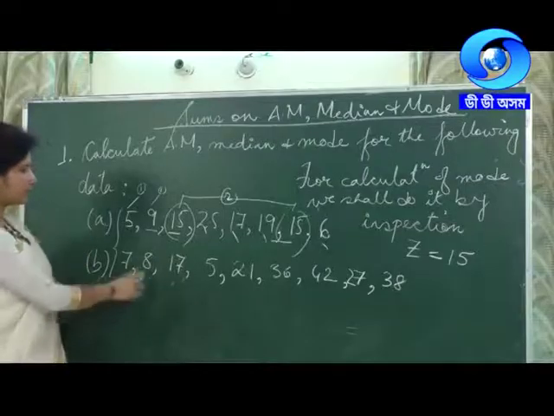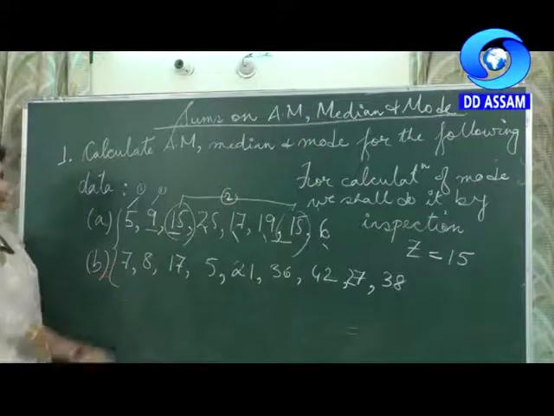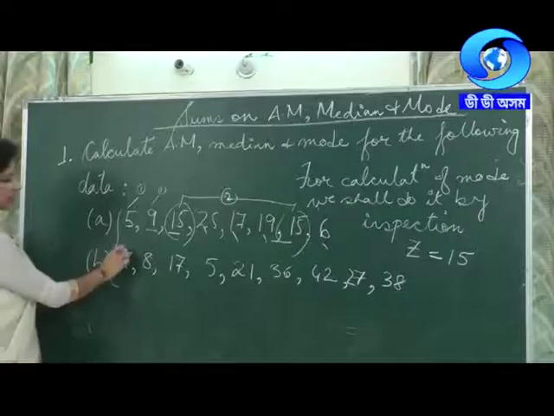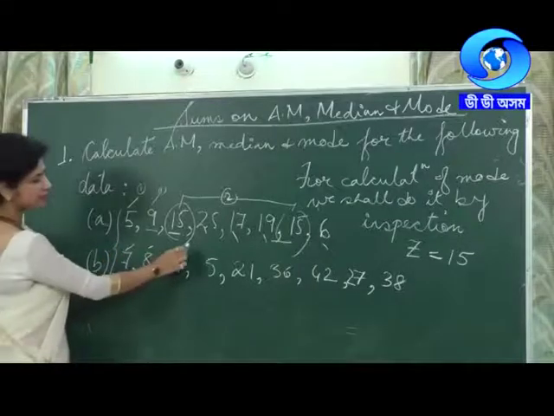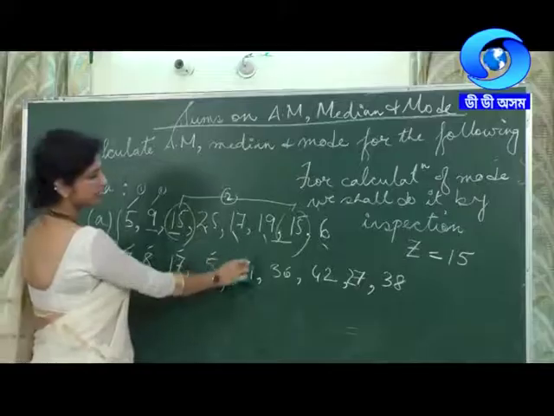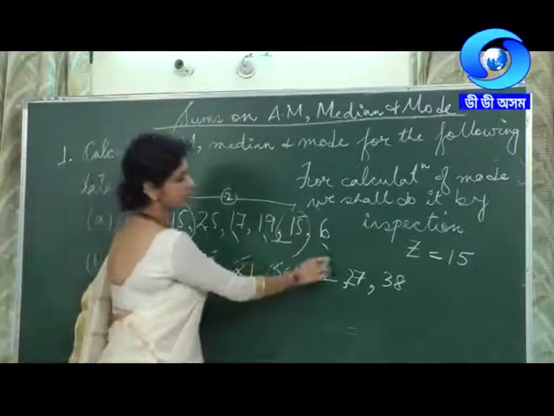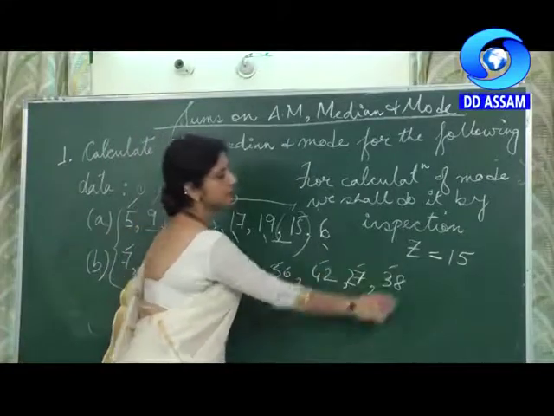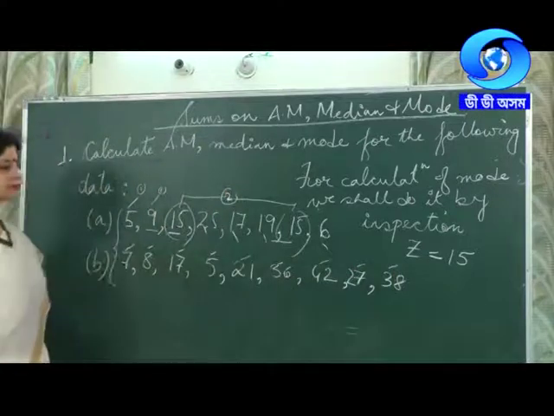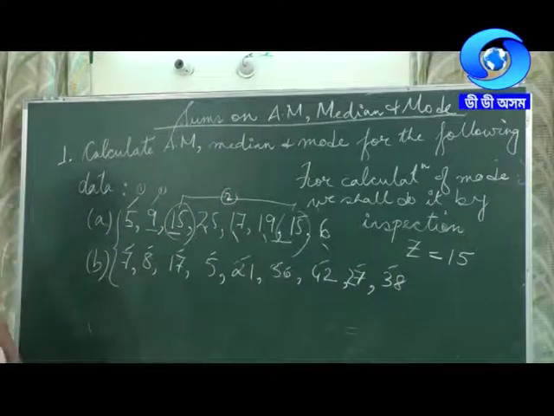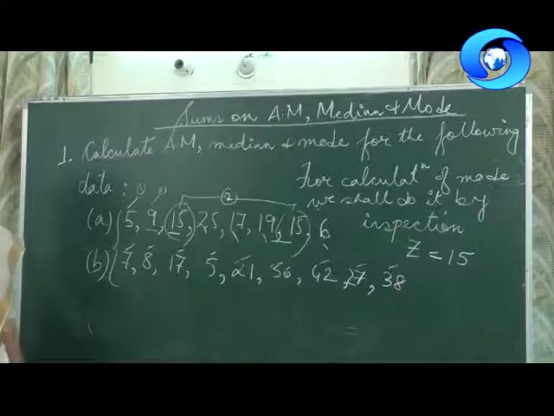All right. Similarly, if you look into the next data, you see 7, 8, 17, 5, 21, 36, 42, 27, 38. All are different numbers. None of the numbers is repeated, that is, they are all occurring one time.